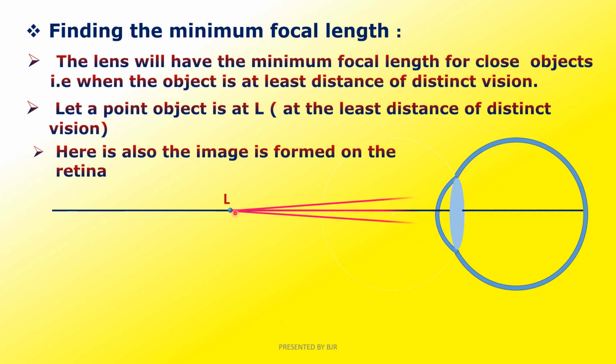Here three rays are passing like this. After refraction, these three rays will meet here. The refracted rays are meeting again on the retina here only. Don't get confused, because here the incident rays are not parallel to the principal axis.